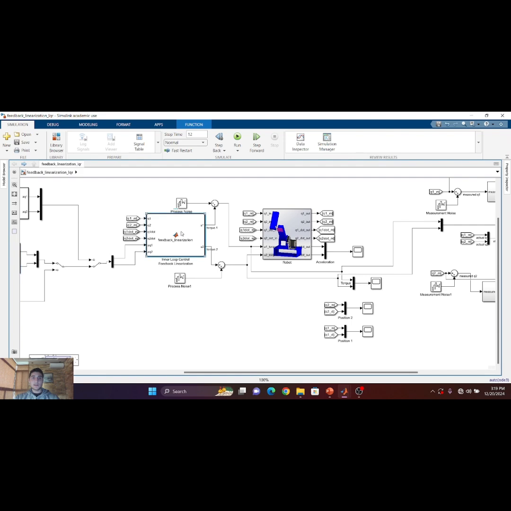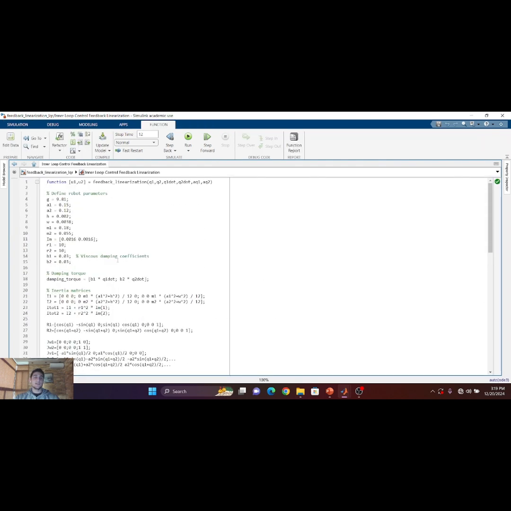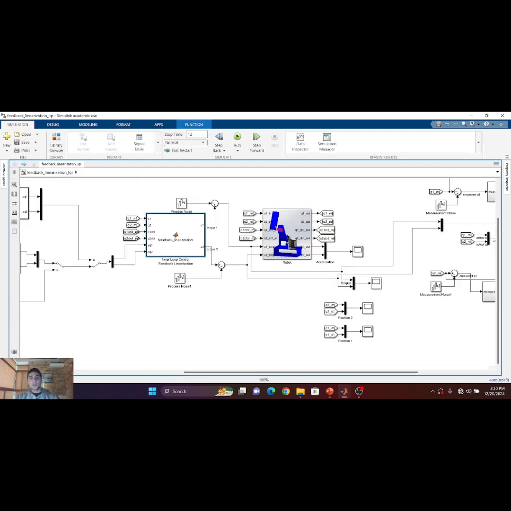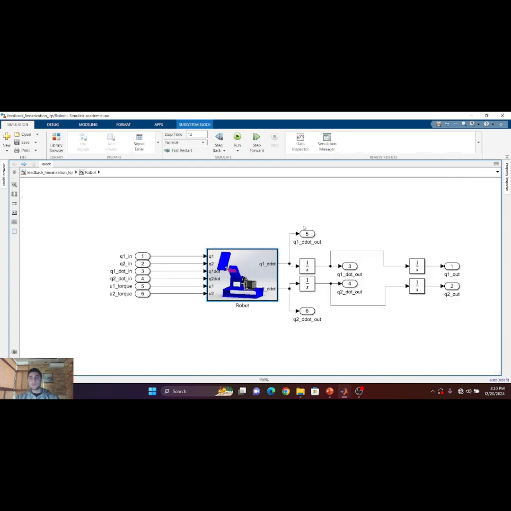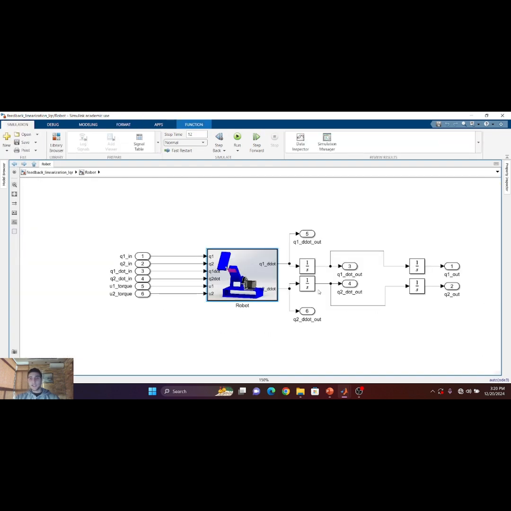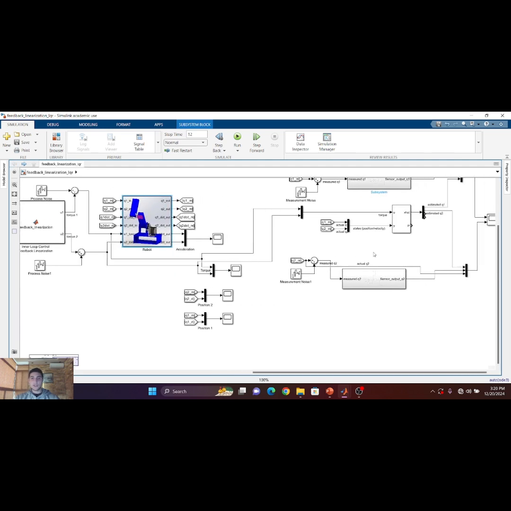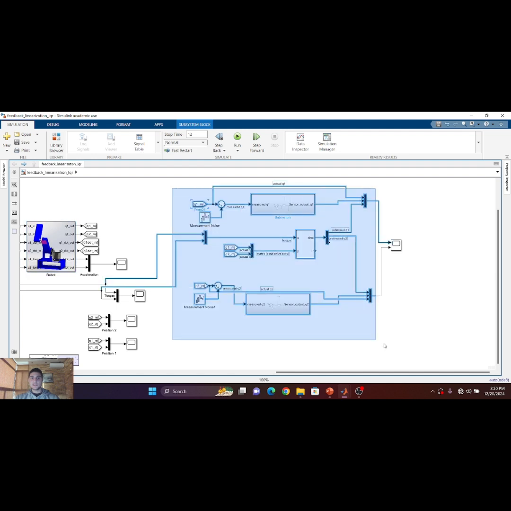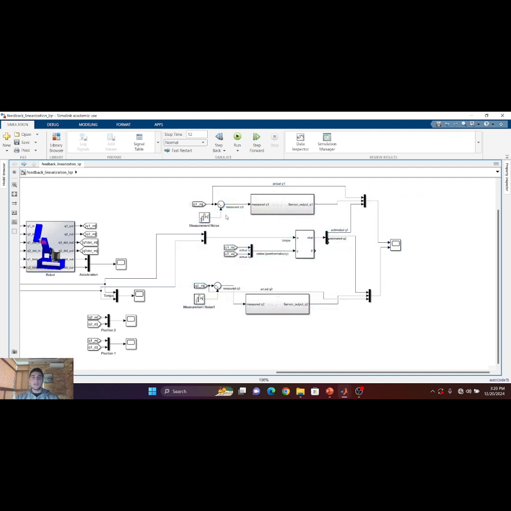It takes them to the feedback linearization, which is the equation of motion inverted, computes the required torque, and feeds it to our robot to compute the required acceleration. We integrate the acceleration twice to obtain the desired position, and finally, this is a Kalman filter with the estimation and the sensor simulation.